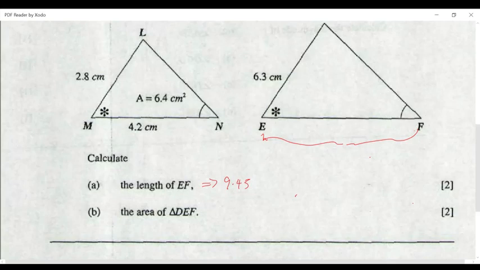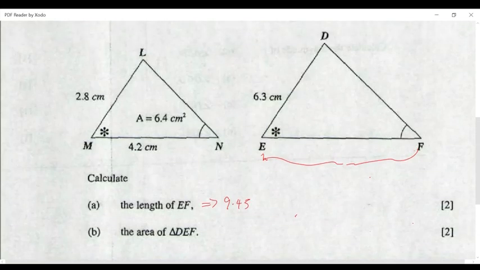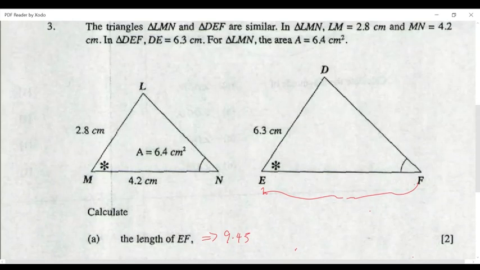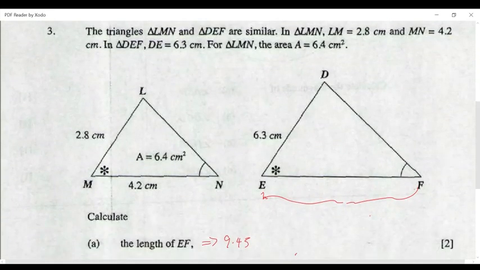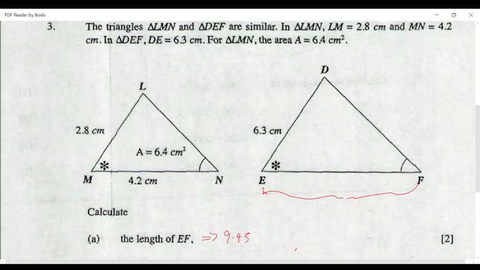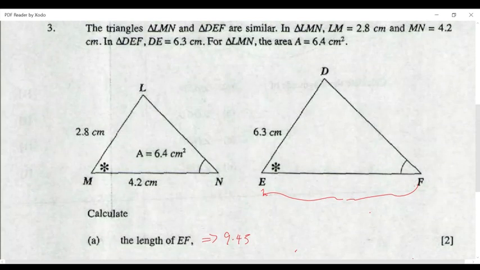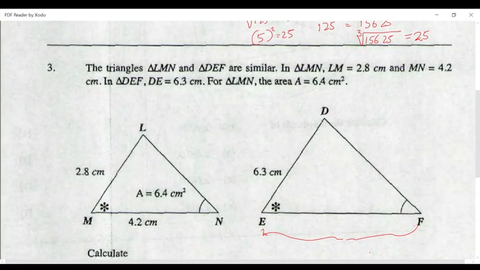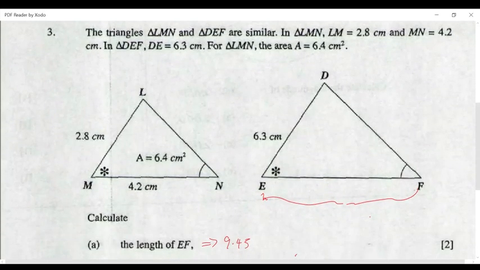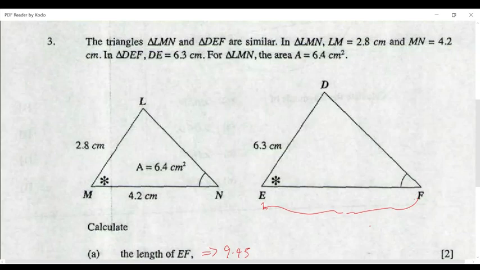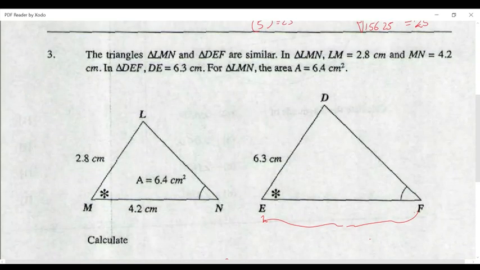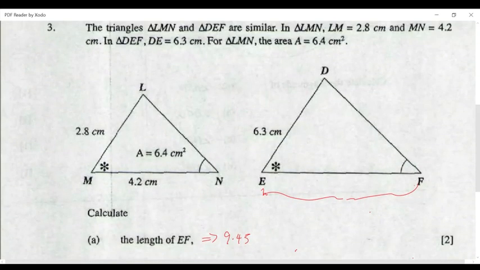So the area of DEF. There are a number of ways you can compute this, but the only thing that you need to know essentially is that these angles are equal.